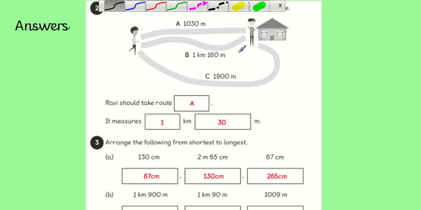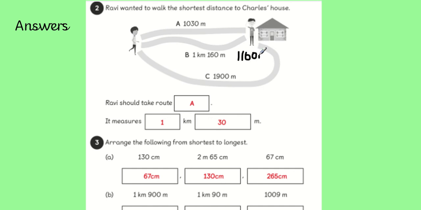So 1 kilometre is 1,000 metres, and add on that 160 metres as well, so 1,160 metres. Now we can compare them, which is the smallest number here. If he wants to take the shortest distance, it's this one here, 1,030. So if it's 1,030 metres, that's 1 kilometre and 30 metres.